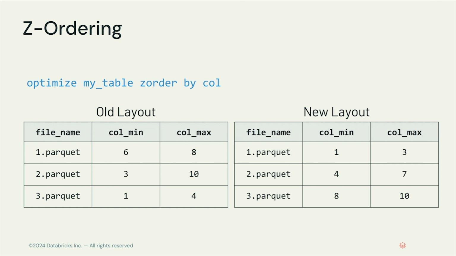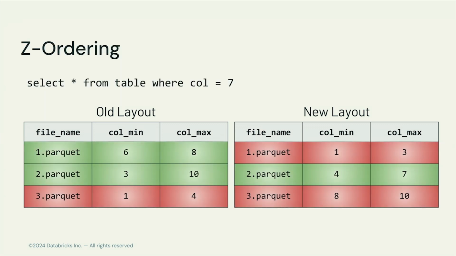Now if you ingest your data by date and your users want to query by user ID, instead of trying to partition by user ID and having really small files, you can Z-order by user ID. It'll put ranges of values for every user ID in files, and then when you query for user ID equals 1, the stats will actually filter out 99% of the data. You don't have to do anything, it just happens. And here's an example.